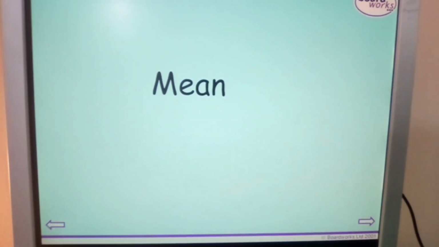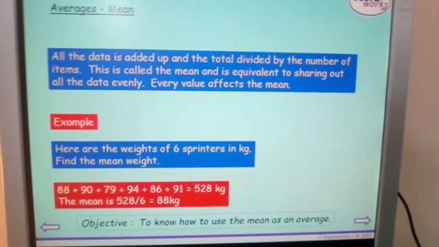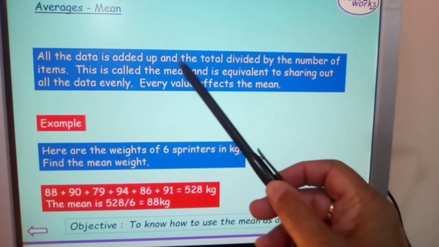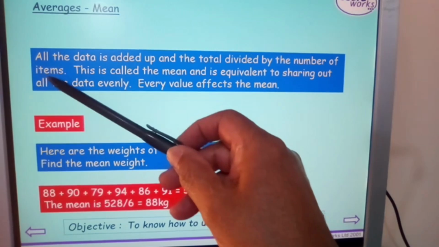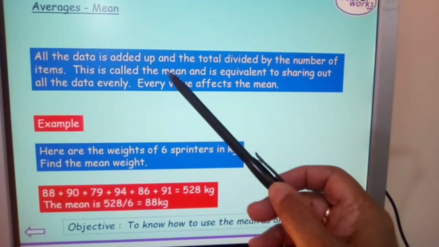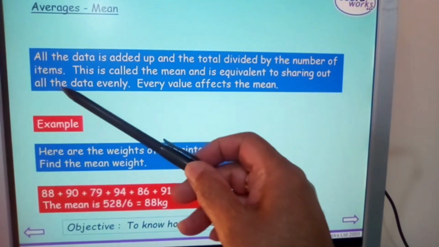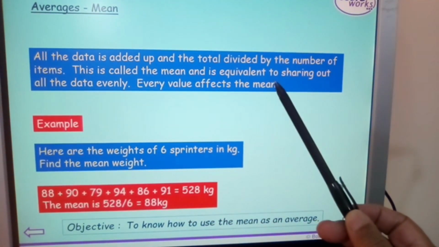Mean: average is mean. All the data is added up and the total divided by the number of items. This is called the mean and is equivalent to sharing out all the data evenly. Every value affects the mean.